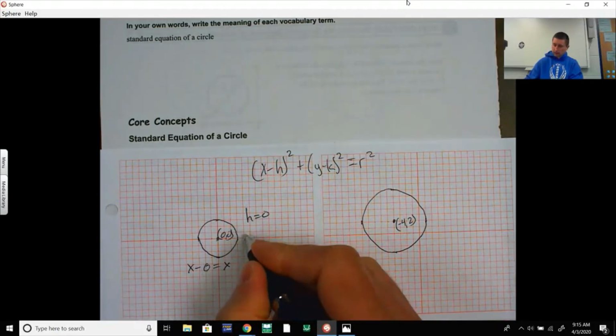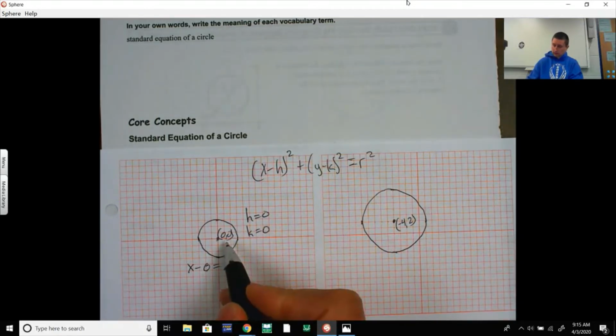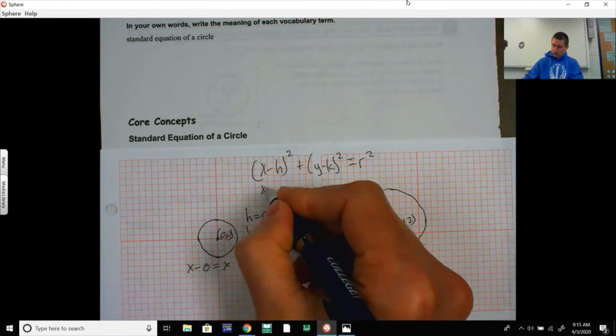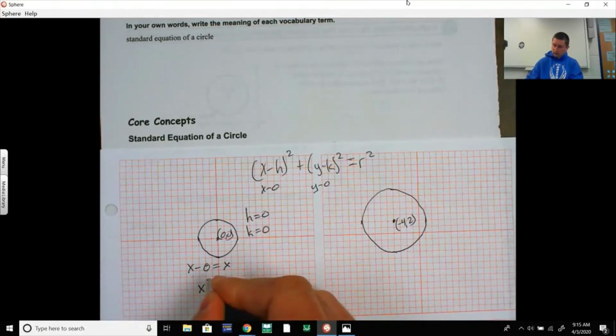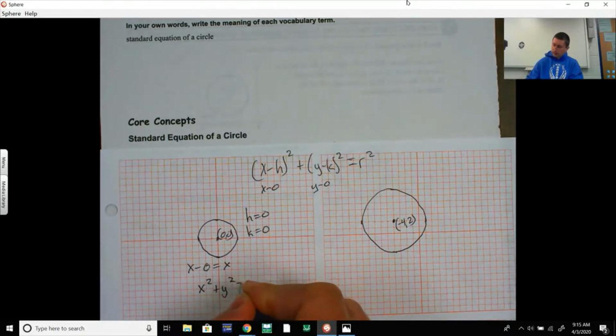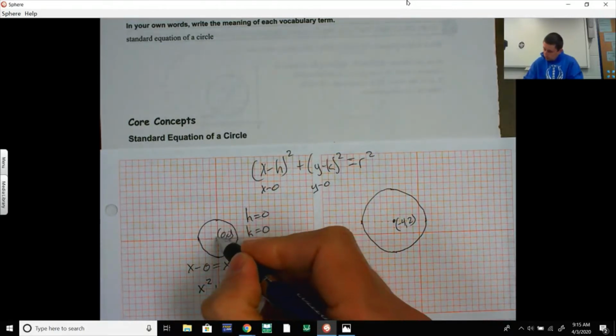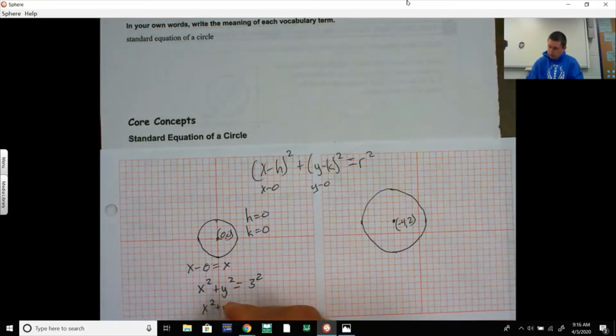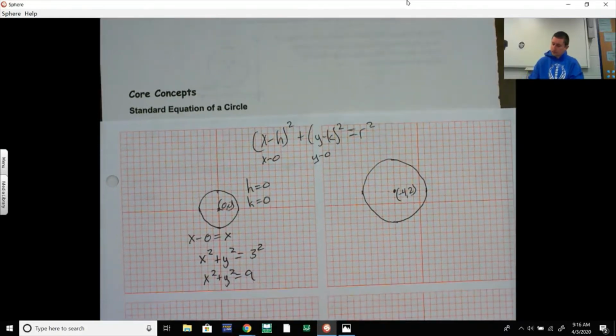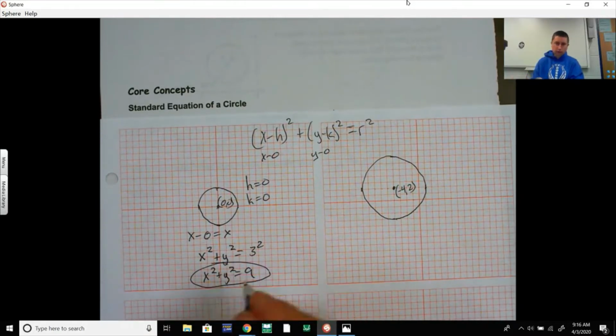H is 0 and k is 0. So x minus 0 is x. Y minus 0 is y. So all you're left with is x squared plus y squared equals the radius, which 1, 2, 3 should be 3 squared. So your formula is x squared plus y squared equals 9. That is the equation of that circle right there. Ye doggies.